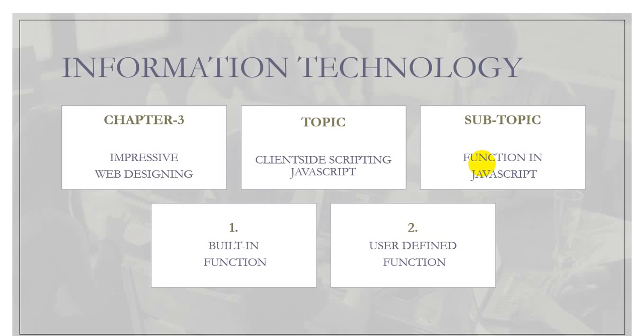But a function is a set of code which is especially written to perform a certain activity. You can write code to perform addition of two numbers without any function, and you can write a specific set of code to perform addition of two numbers by using a function.